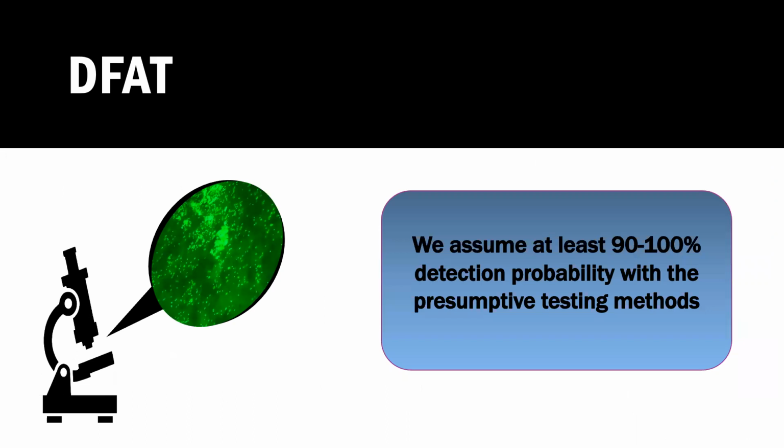And so since DFAT is what we are using to screen most fish for RSAL infections, for that presumptive testing method during fish health diagnostics and assessments in hatcheries, we should be able to assume at least 90 to 100% detection probabilities with, again, this presumptive testing method.